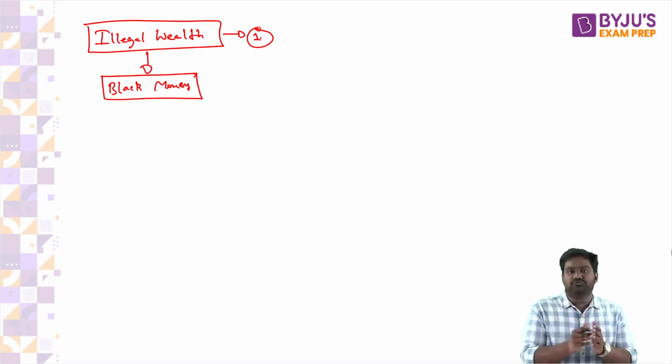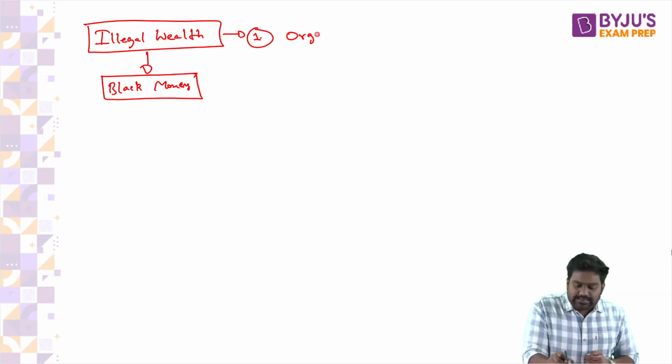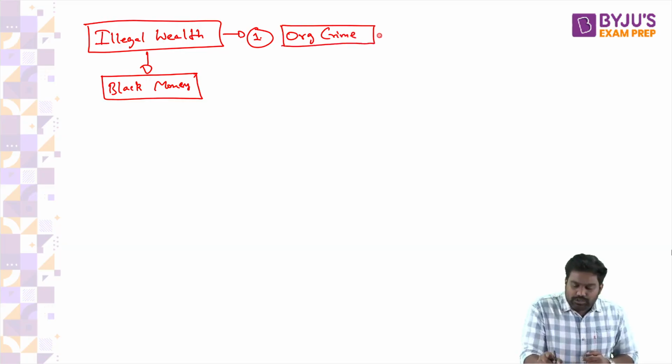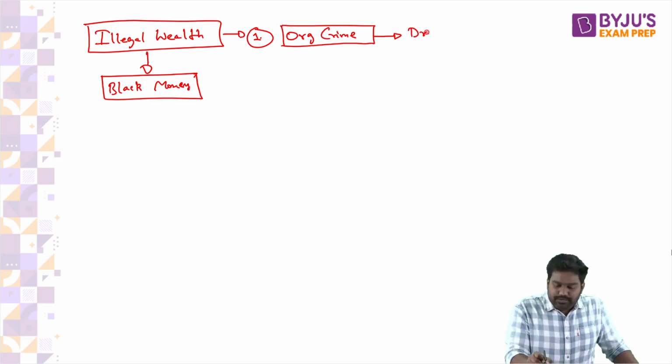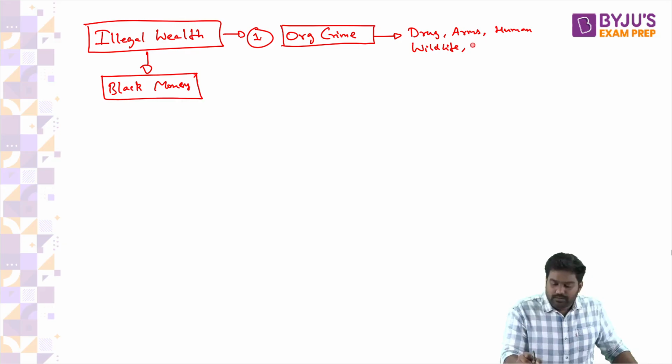One major source of black money is organized criminal activity. Now you know what types of organized crimes exist. Drug trafficking, arms trafficking, human trafficking, wildlife trafficking, even idols and antique items which can be trafficked, right?